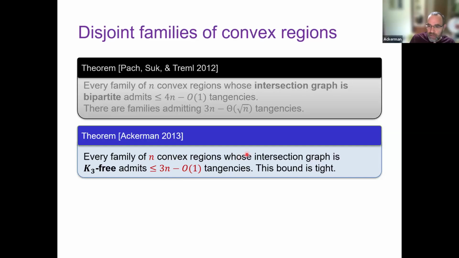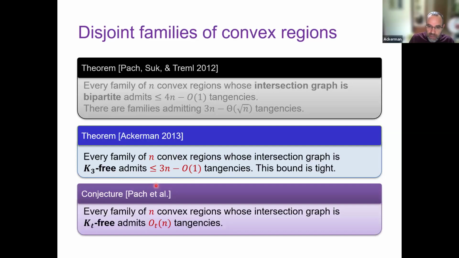And actually the result is a bit more general, because instead of considering a bipartite intersection graph, it's enough to consider a K3-free graph. And this actually settles the first non-trivial case in their conjecture that if the intersection graph is K_t-free, then the number of tangencies is linear. Again, in this setting of disjoint families of convex regions.